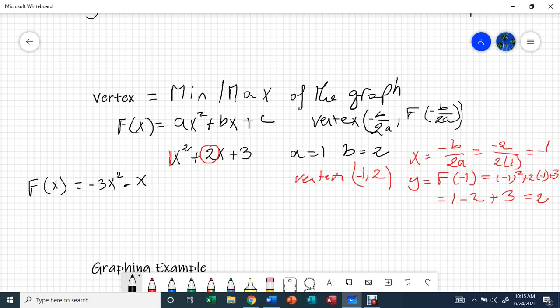So what's your a? a is negative 3, b is negative 1. So the x coordinate for the vertex will be negative b over 2a, which is negative 1 over 2 times negative 3, and that's 1/6.